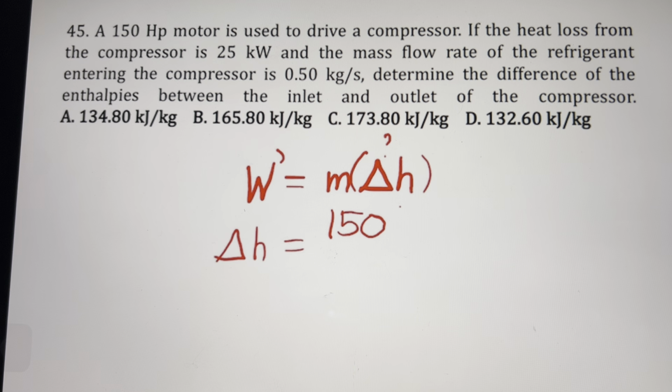We need the power expressed as kilowatts, and we know that 1 horsepower is 0.746 kilowatts. So that's the ideal, and of course, we need to consider the heat loss, so that's minus 25 kilowatts. This is the ideal power, and we get the difference with the heat loss.